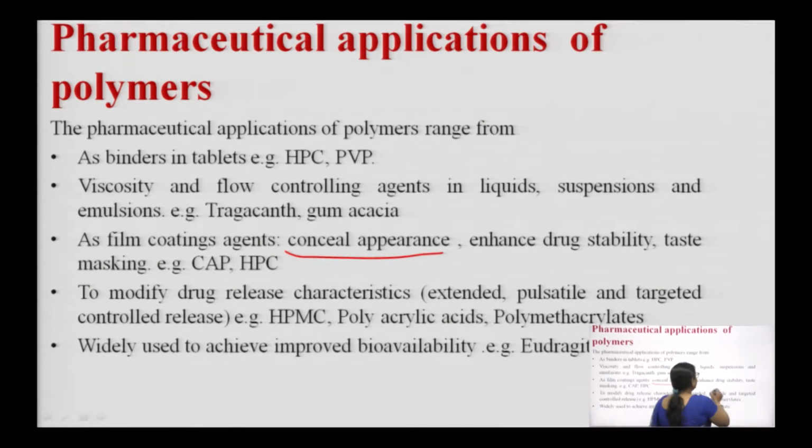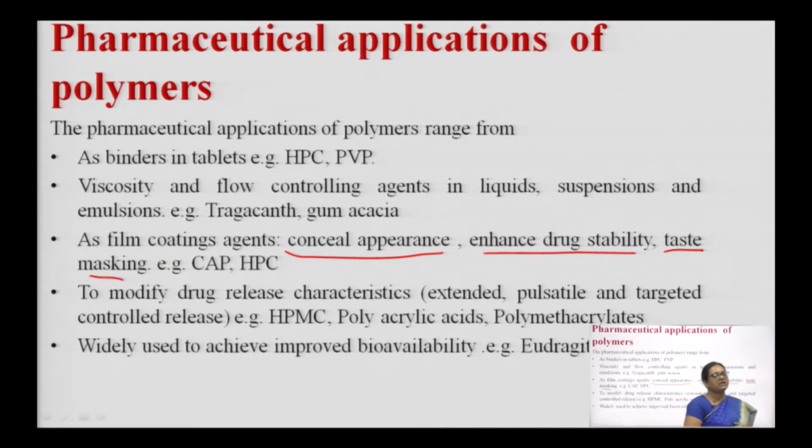Secondly, for enhancing drug stability, when the dosage form has drugs which are liable to degradation on coming in contact with atmospheric moisture or oxygen, their stability is enhanced by giving them a film coating of polymers which are impervious to these substances. Polymers have also been used for taste masking.